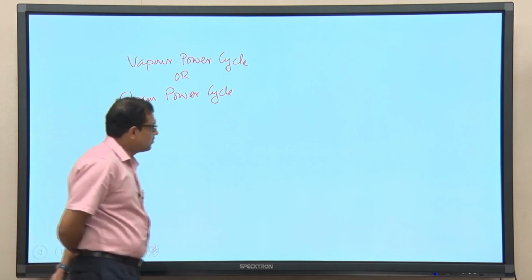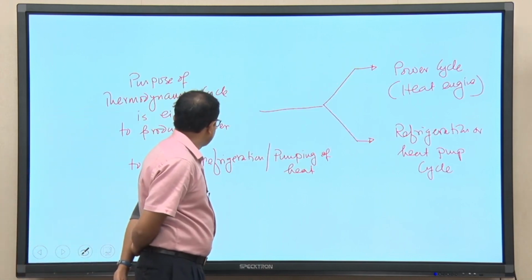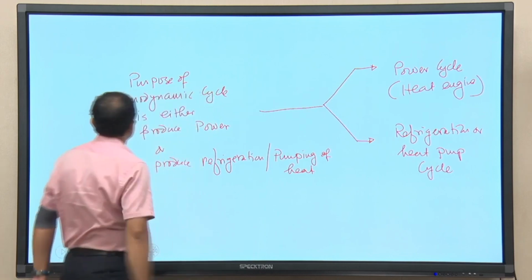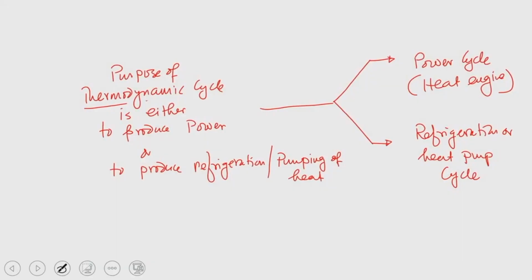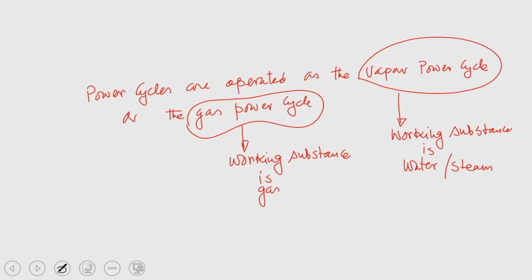Now, here I have written about the thermodynamic cycle, right. So, produce power, since power cycle is the thermodynamic cycle, we have to understand what we mean by thermodynamic cycle.